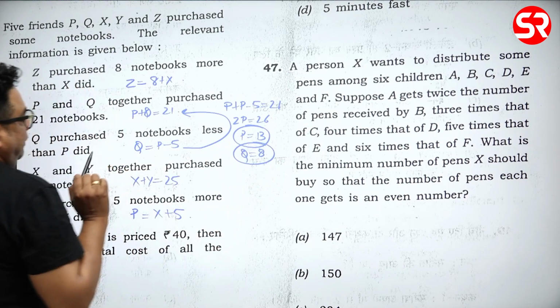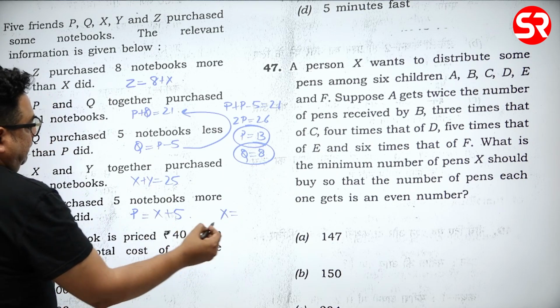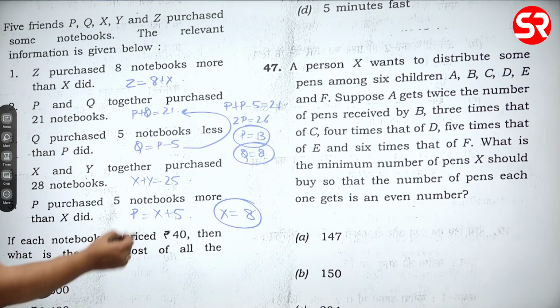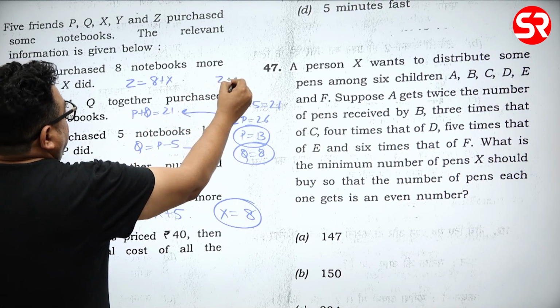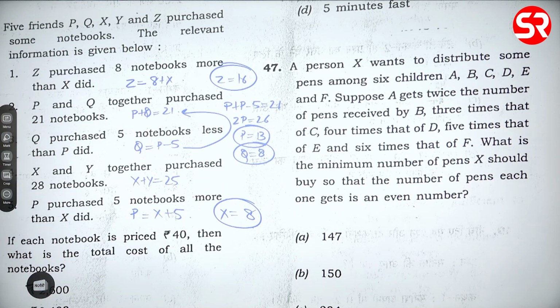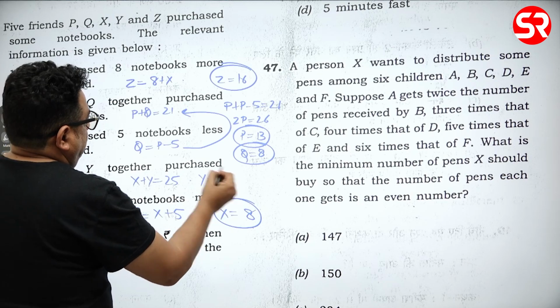P and Q have come. So your X would actually be 13 minus 5, which is 8 again. If X has come, Z would come. Z would be 16. And now if X is there, Y should also be there. Your Y would actually be 9.